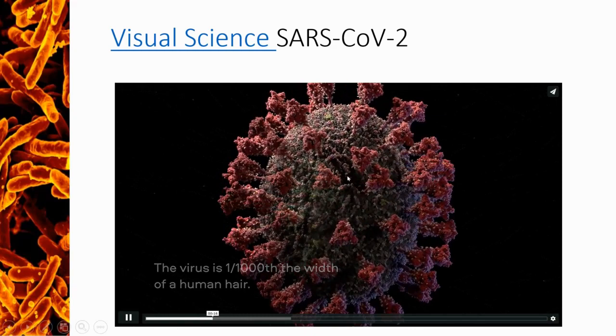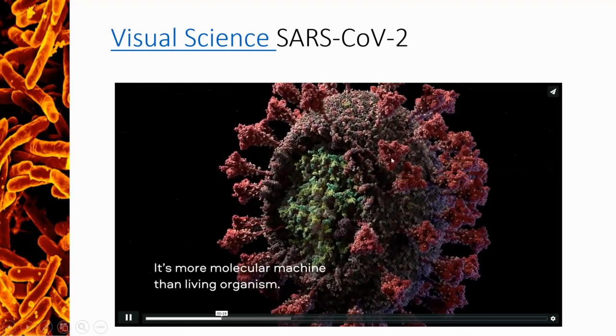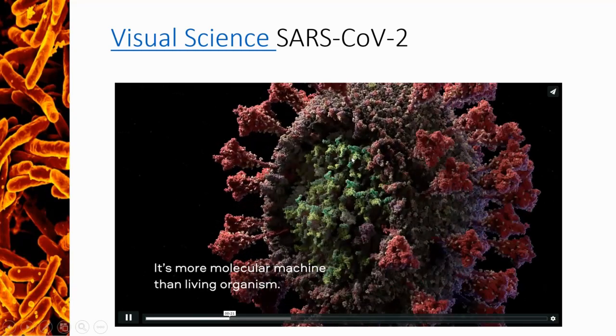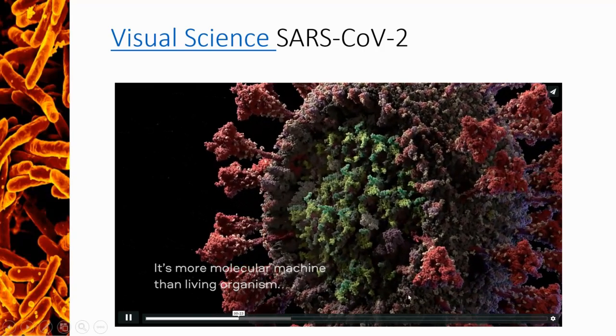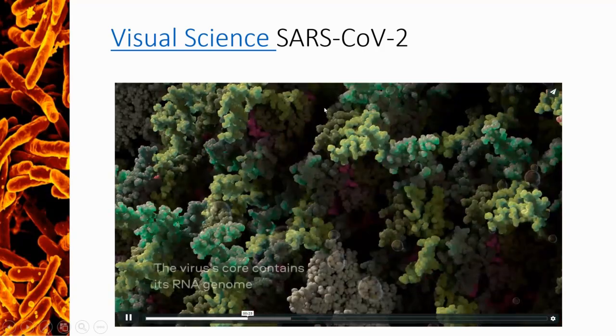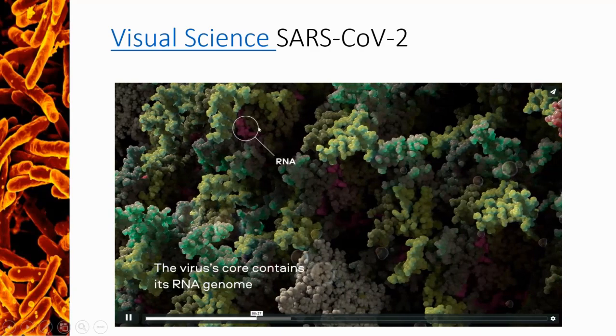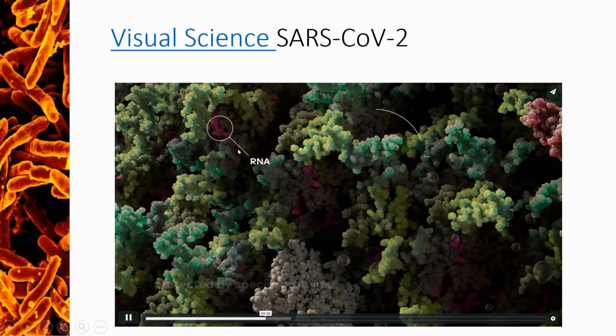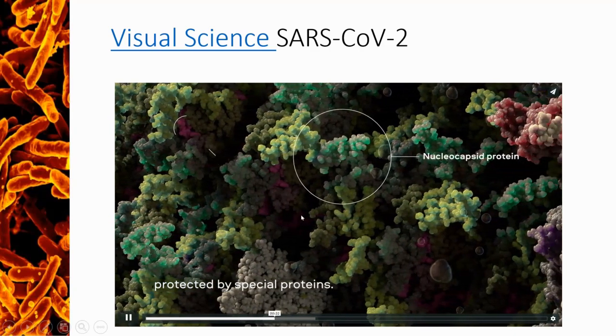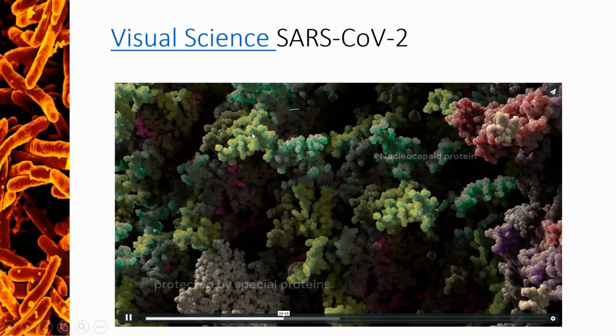So here you can see the envelope and the spike proteins. And inside we've cut away the envelope. Now we're going to look in the capsid. The pink is the genome. You can see these bits of it peeking out, but it's protected by the capsid protein.